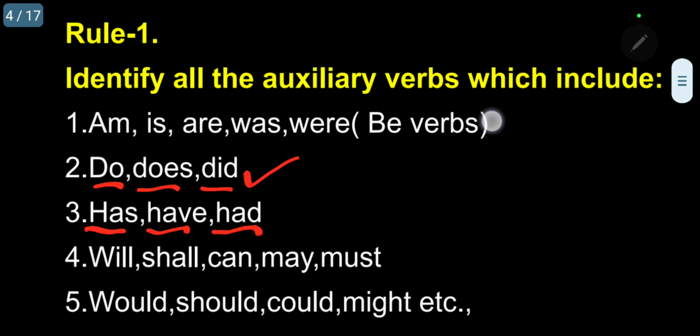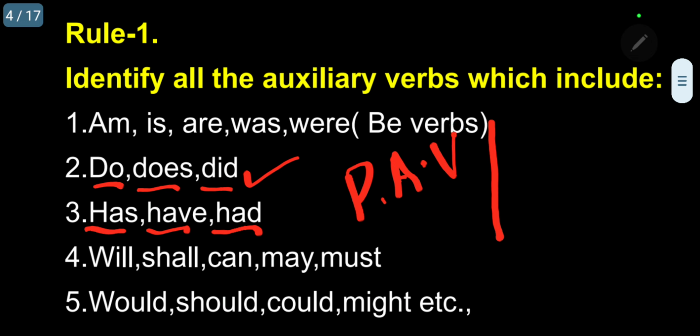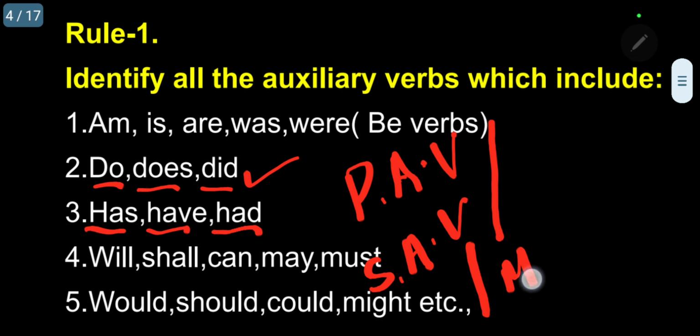Now please follow these three types. We call them primary auxiliary verbs. The remaining two, types 4 and 5, we call secondary auxiliary verbs, also known as modal verbs.